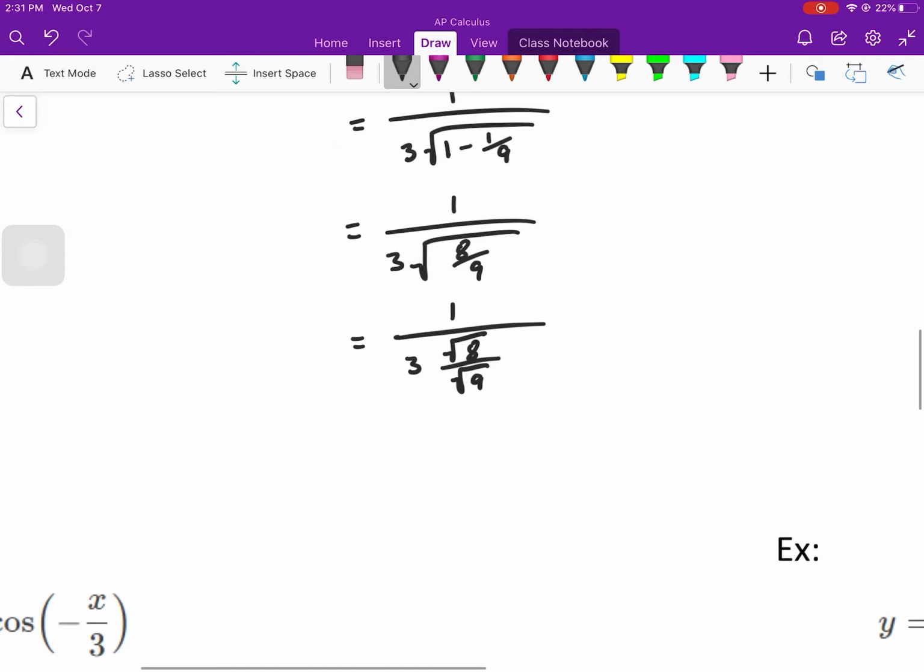Square root them individually. Get 1 over 3, square root of 8 over 3.